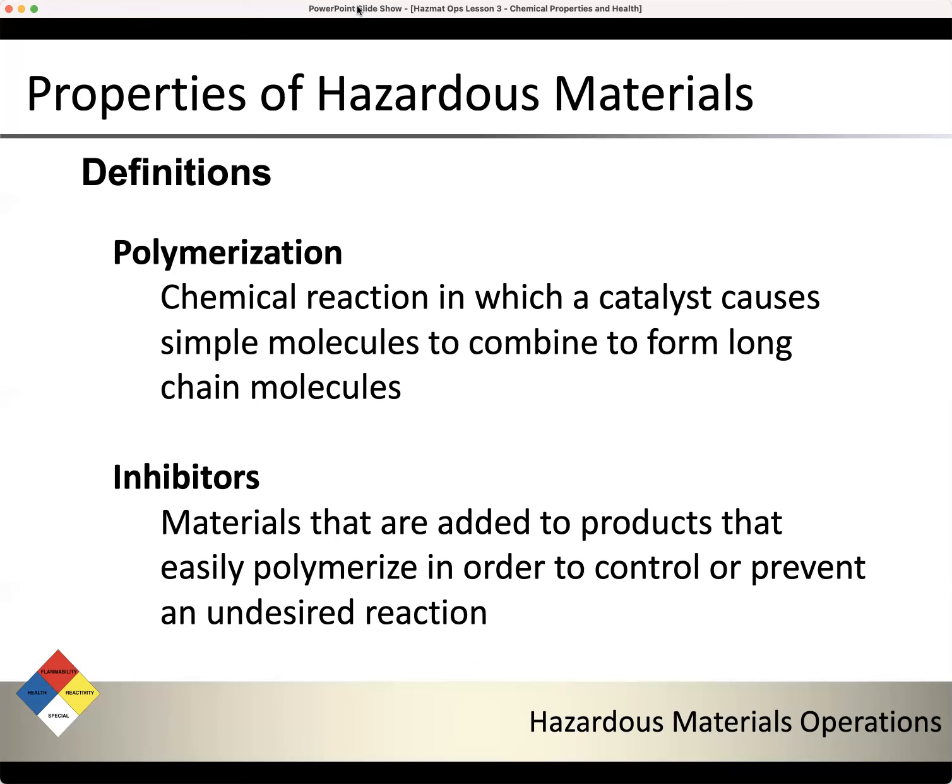Inhibitors are materials that are added to products that normally are easy to polymerize. They're added in order to control or prevent an undesired reaction. So you have a chemical that easily polymerizes in case it's subjected to heat or light or physical shock. They'll add an inhibitor to reduce that from happening.